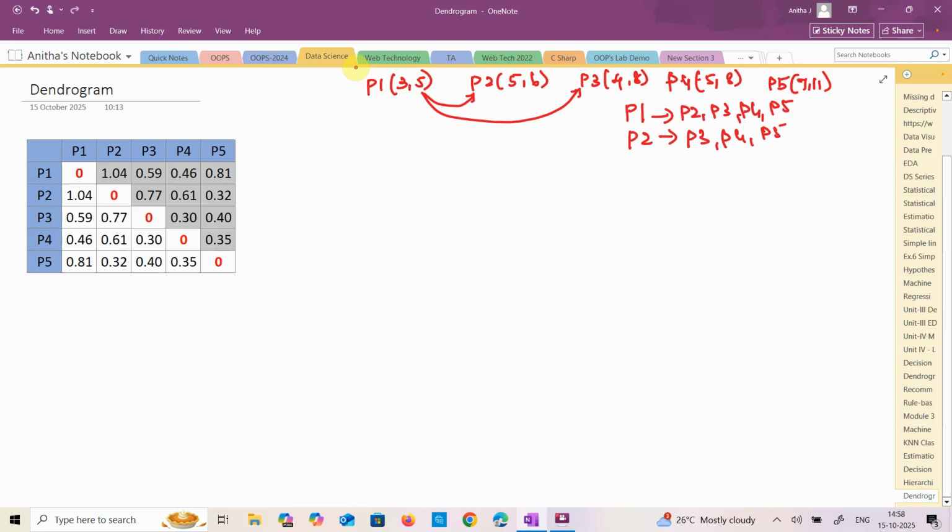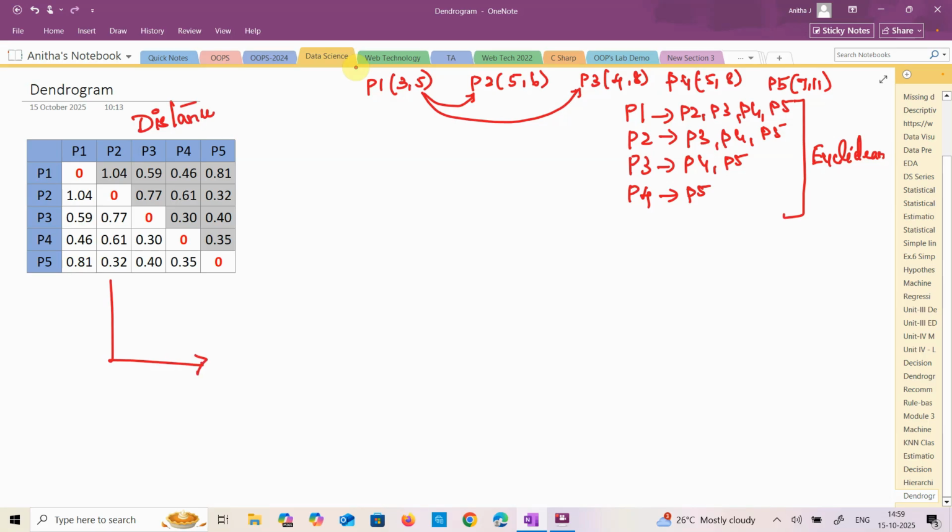Then for P3 you have to calculate the distance to P4 and P5, and lastly for P4 we calculate for P5. For all of this you use the Euclidean distance formula, so that you construct your distance matrix. Then you follow the same steps to construct your dendrogram.